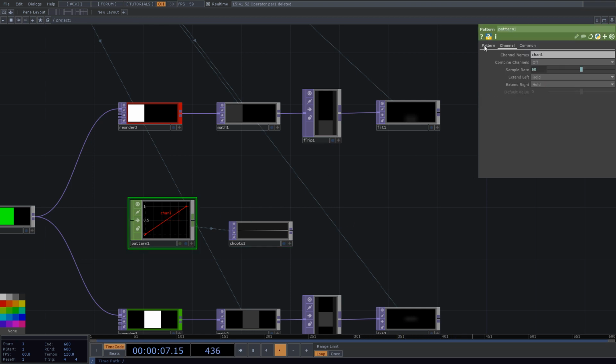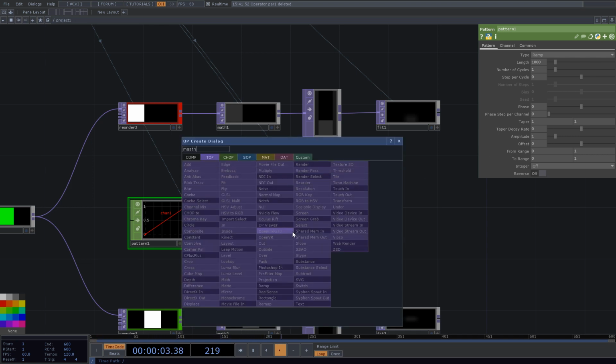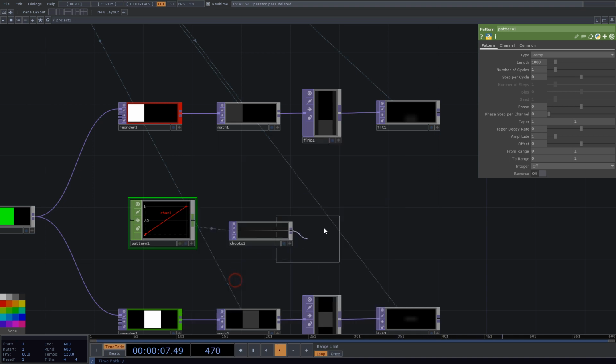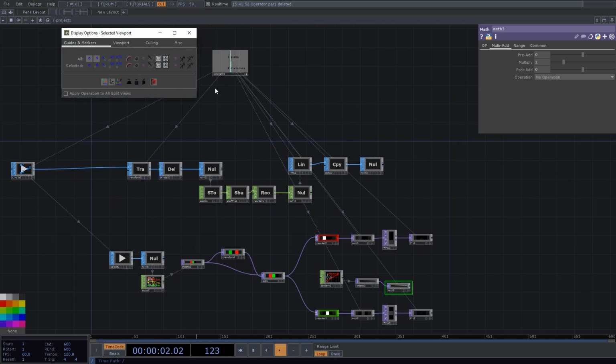Either I go here on amplitude and set a different value, or use a math here and multiply by divisions.